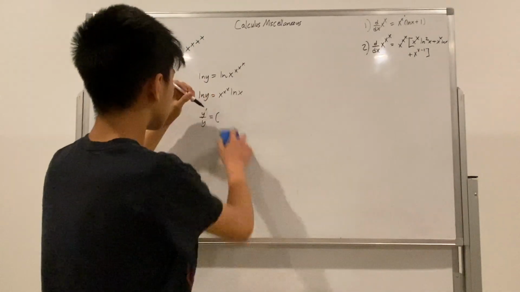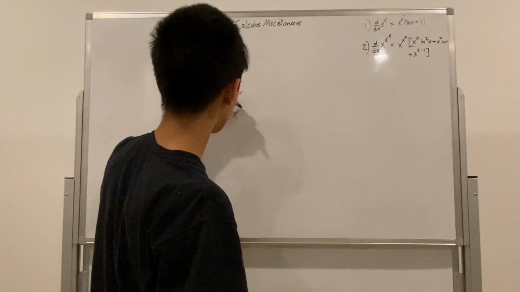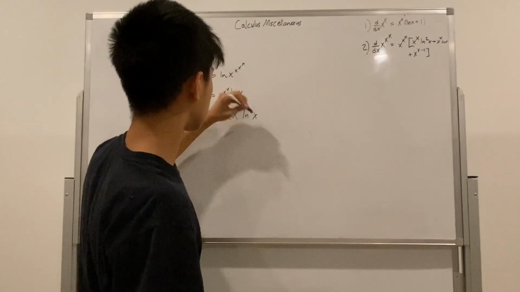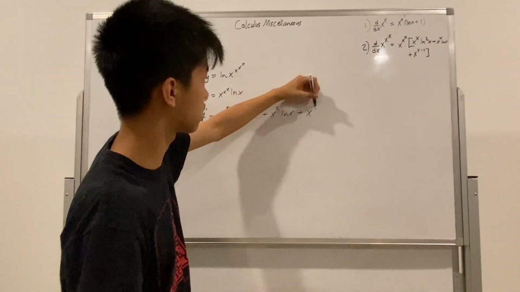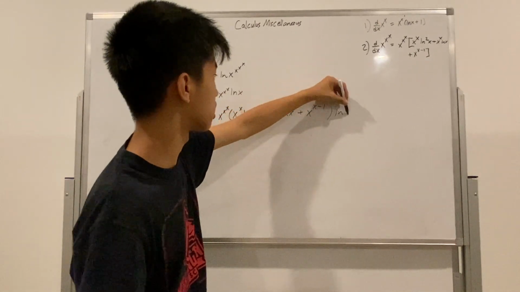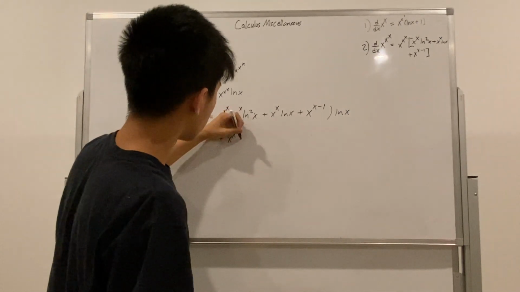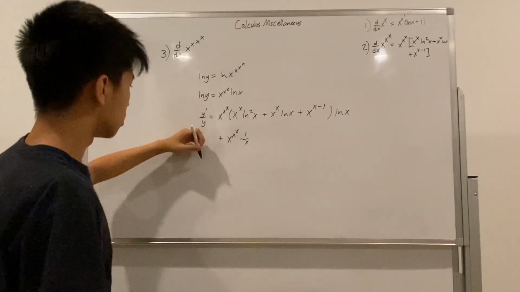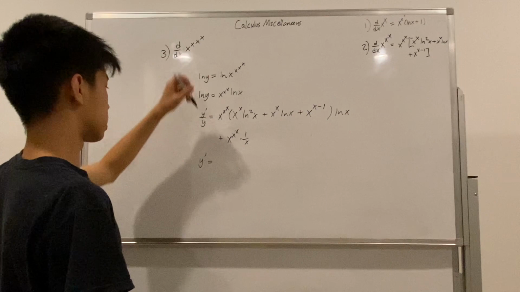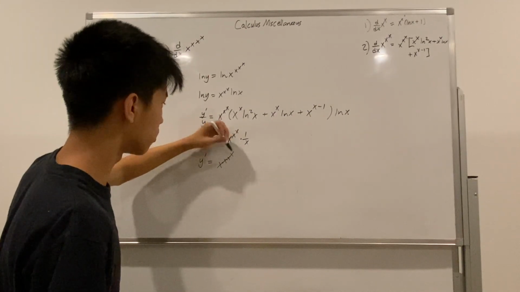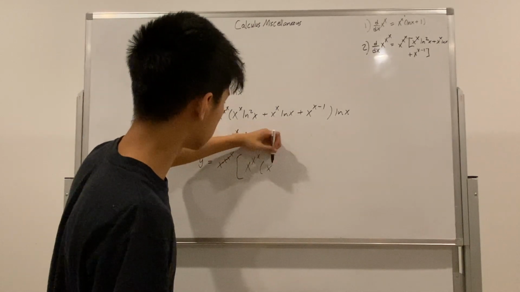So x to the x to the x times x to the x ln squared x plus x to the x ln x plus x to the x minus 1 times ln x plus x to the x to the x times 1 over x. Then y prime is all this times y, which is x to the x to the x to the x. So we have this times this times this.